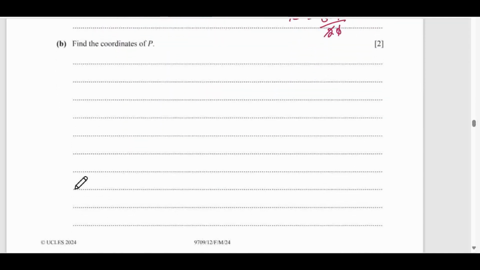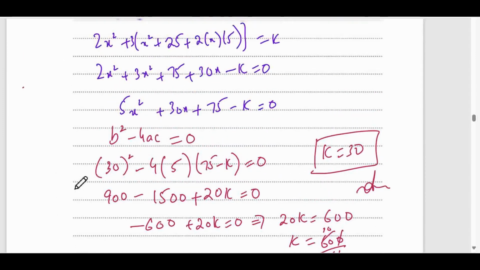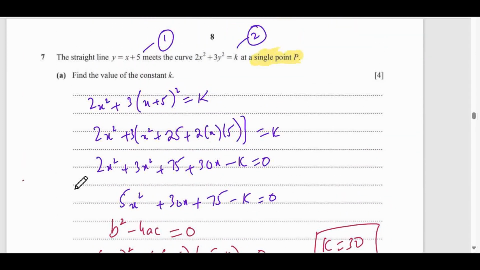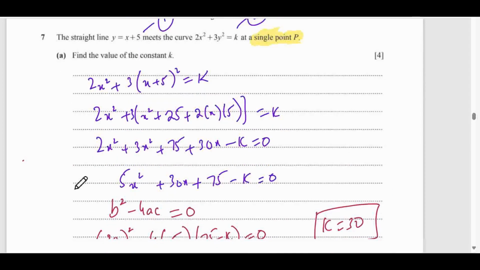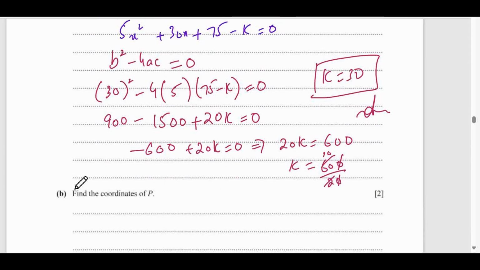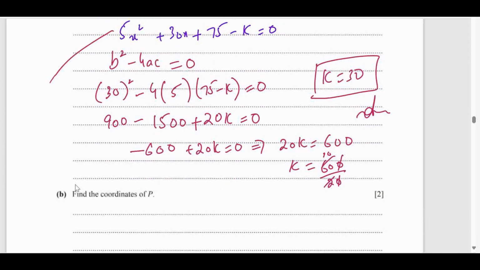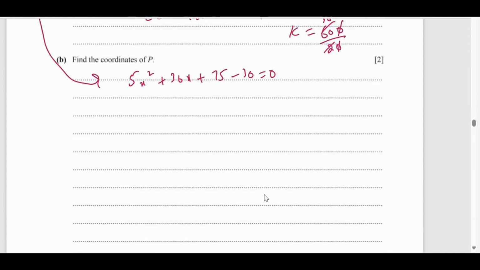Let's move to the next part, B part, find the coordinates of P. Now for the coordinates of P, we just put the value of k in this equation, and we will get the value of x. So this will be 5x square plus 30x plus 75 minus 30 is equal to 0.